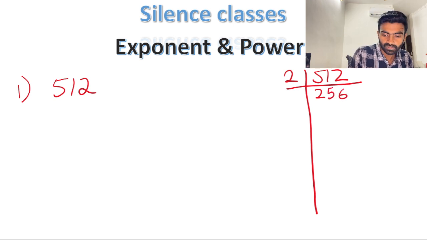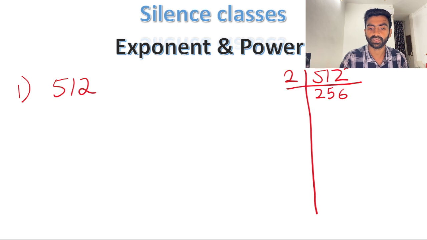Let's do it. We know that if the last digit of any number is even, then that number is divisible by 2. Okay. This is the divisibility rule of 2. I hope you guys know it. If you don't know, I am just explaining it to you.